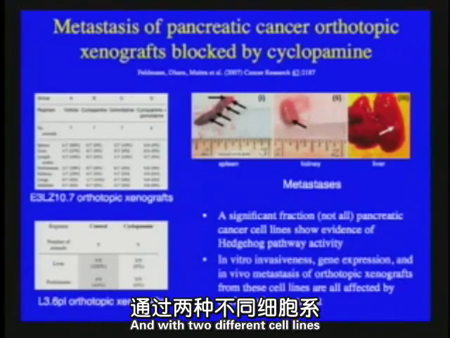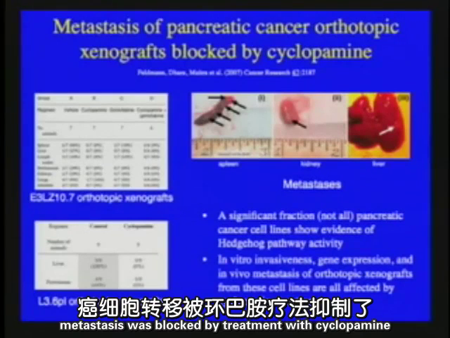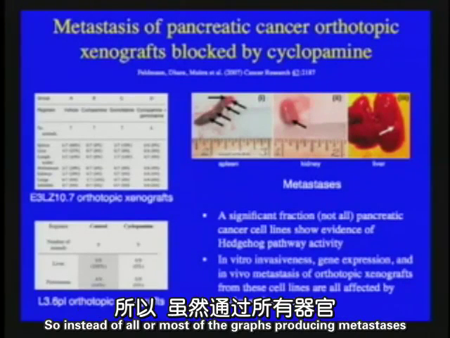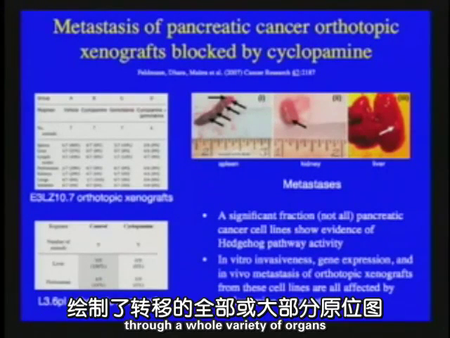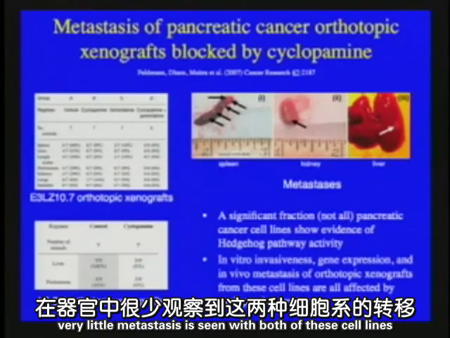And with two different cell lines, what was seen is that metastasis was blocked by treatment with cyclopamine. So instead of all or most of the grafts producing metastases to a whole variety of organs, with cyclopamine treatment, very little metastasis is seen with both of these cell lines.